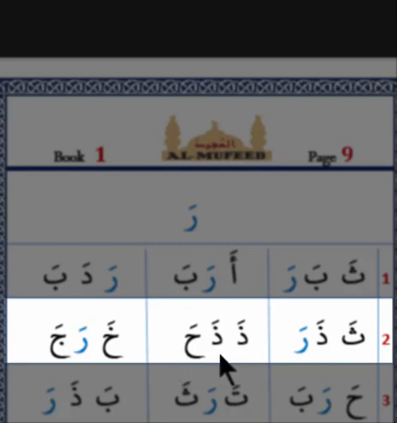Tha, Tha, Ha. Kha, Ra, Ja. Notice the similarity between the Kha and the Ra in terms of the heaviness. Kha, Ra, Ja.